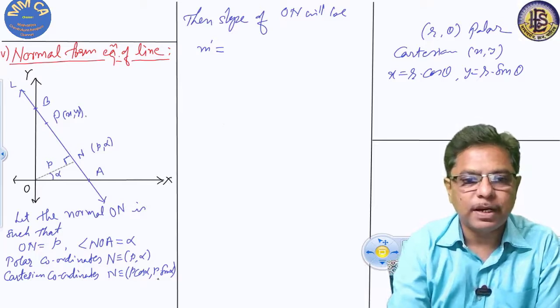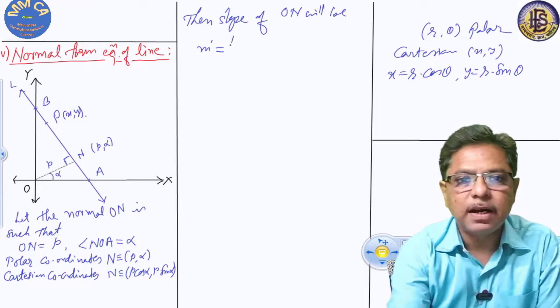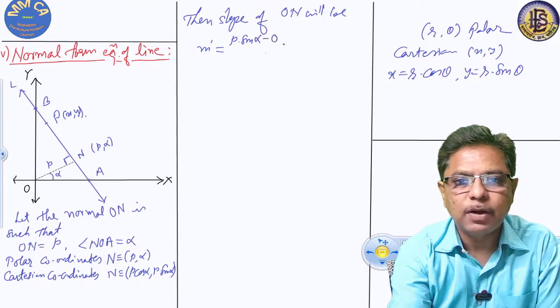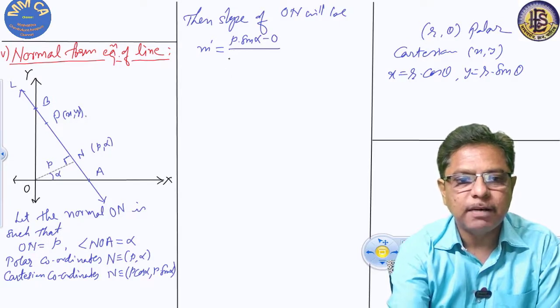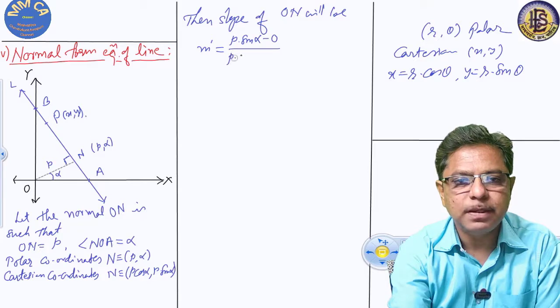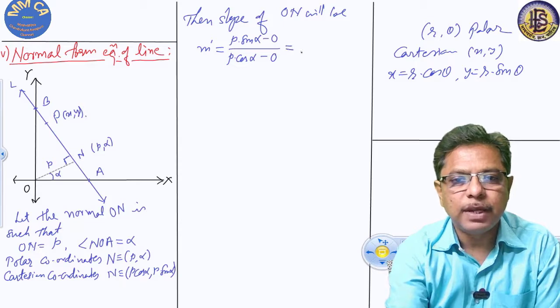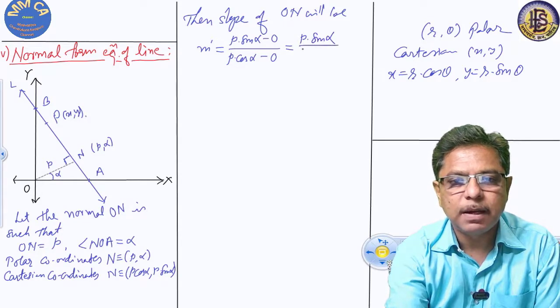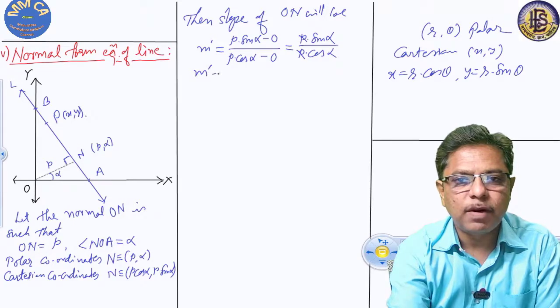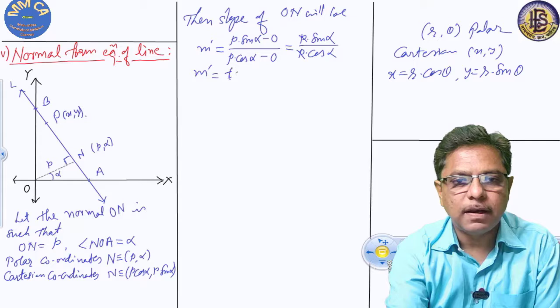Now p sin alpha, the y coordinate of N, minus y coordinate of origin which is 0, divided by x coordinate of N, p cos alpha minus 0. And so we are getting p sin alpha divided by p cos alpha. Cancelling p from numerator and denominator, we are getting slope of ON as tan alpha.